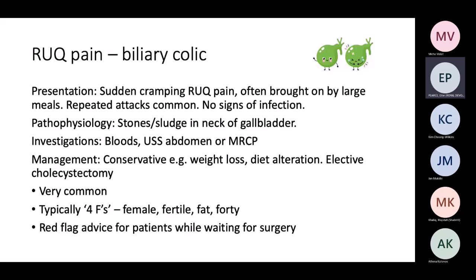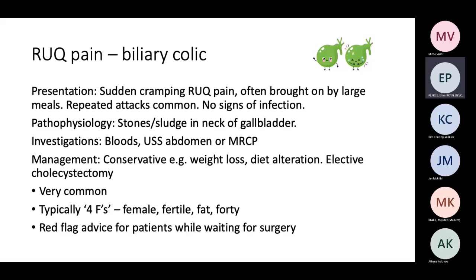But the difference between biliary colic and cholecystitis is that the person is not showing any signs of infection, so they're apyrexial. Their bloods may well have some slightly deranged LFTs, but their inflammatory markers are normal. And the pathophysiology is a stone that becomes stuck in the neck of the gallbladder, usually.